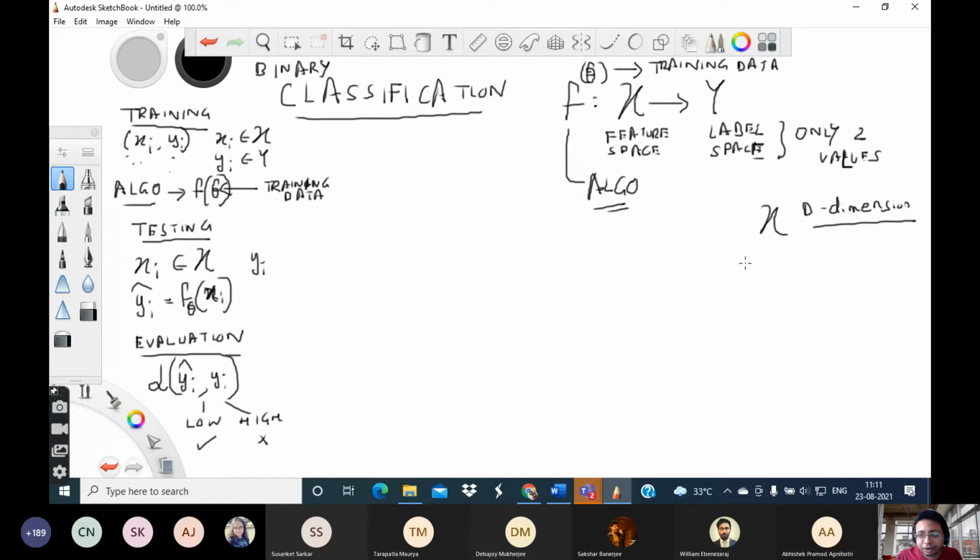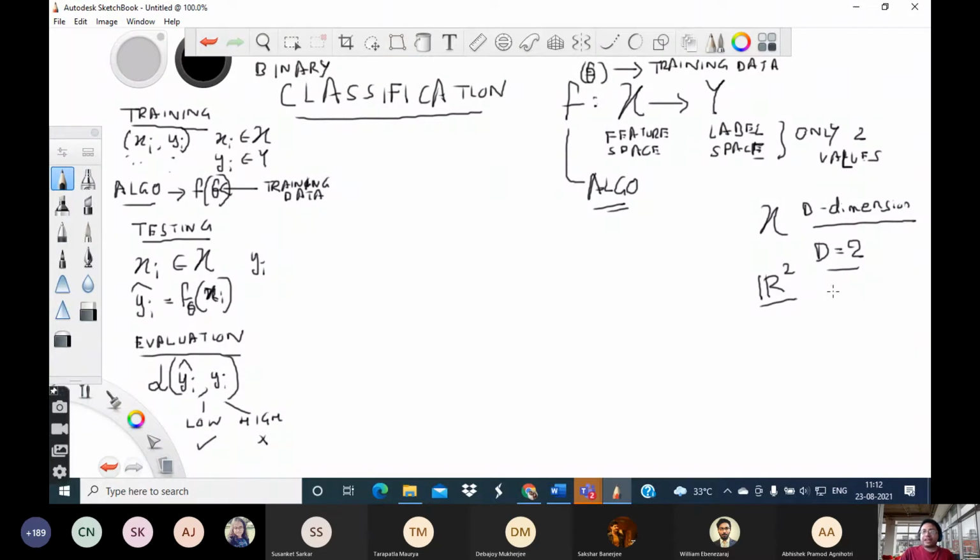But for the first example, let us consider a very simple situation. First of all, d equal to 2, that means there are only 2 attributes. Instead of considering a large number of attributes, let us say we are considering only 2 attributes. Also this X is the real space, that is to say the R2 space.